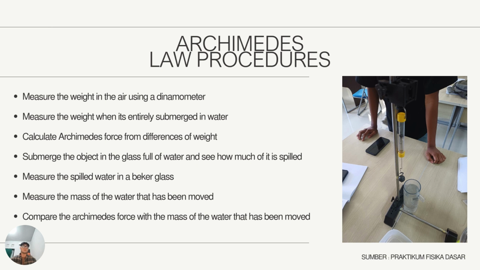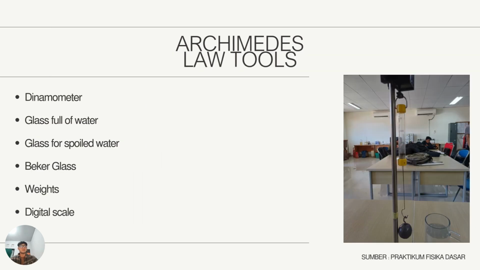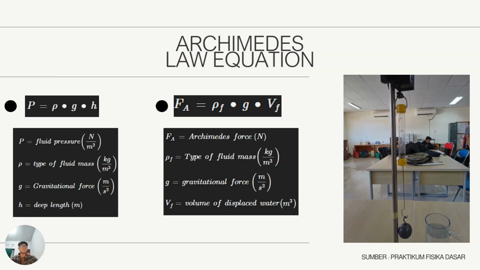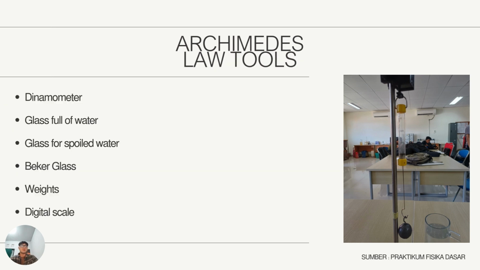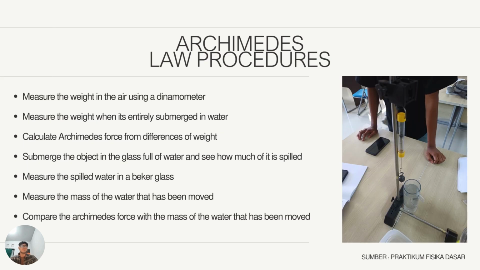Now, how do we calculate the Archimedes force from the differences of weight using Archimedes' law? We use the equation Fa equals rho f times g times Vf. Vf is in cubic meters. How do we get it?